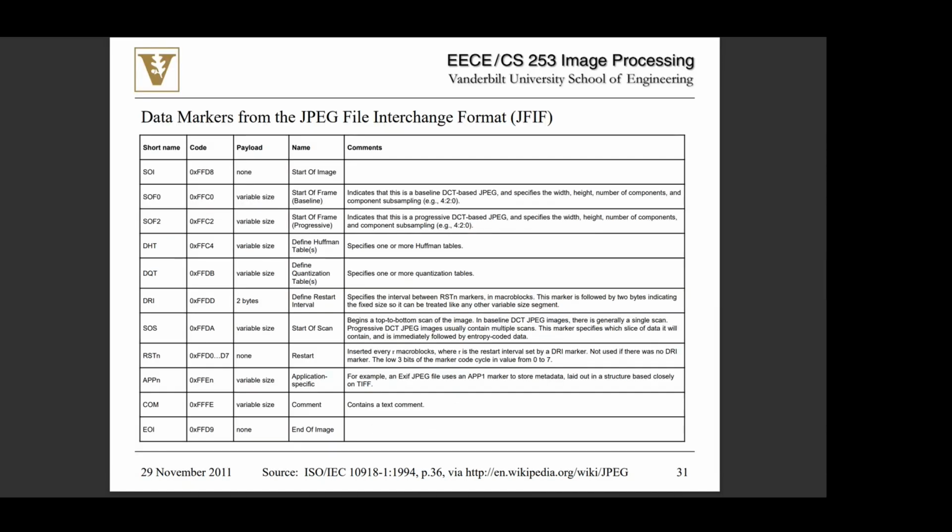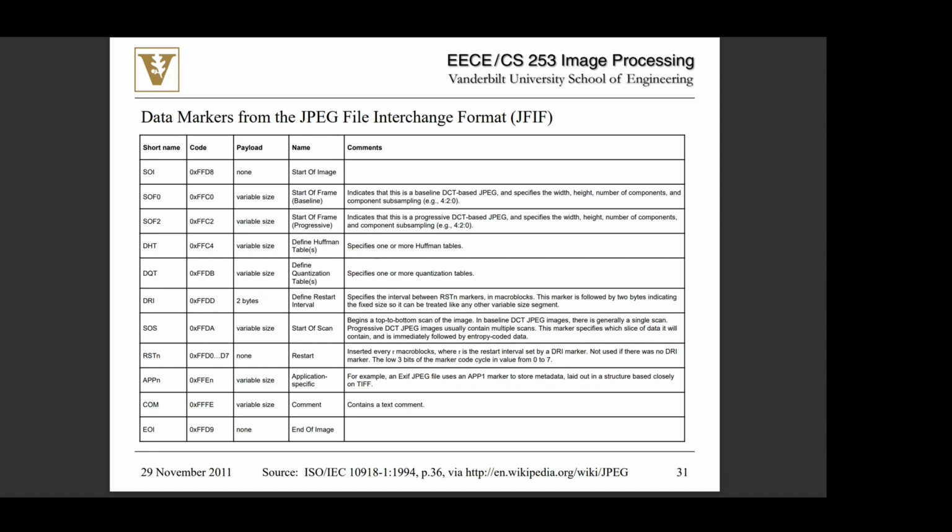Then we have labels for defining other things. We can define frames, though we have not gone into what a frame is. We can define Huffman tables: we have mentioned that at some point we may use Huffman encoding, and if you use Huffman encoding, you have to give the Huffman table.